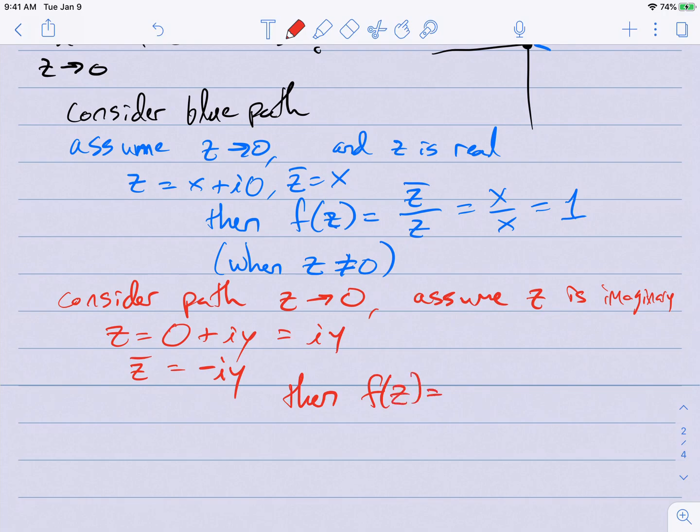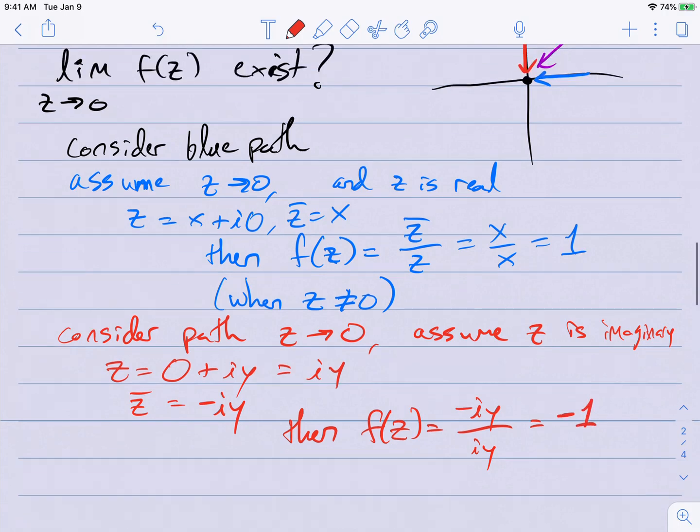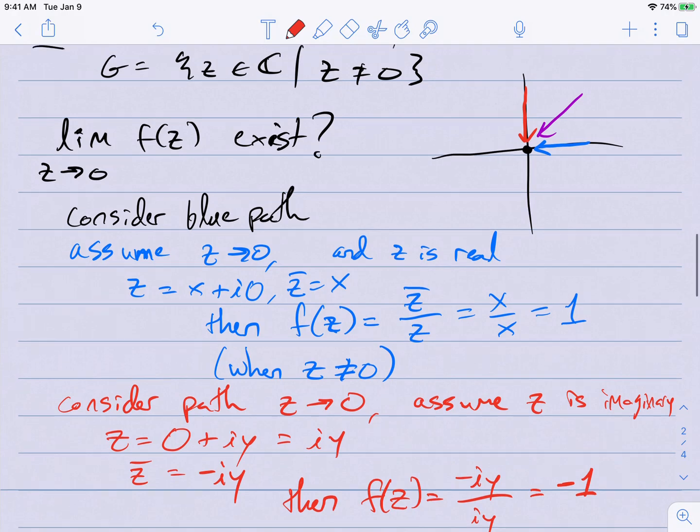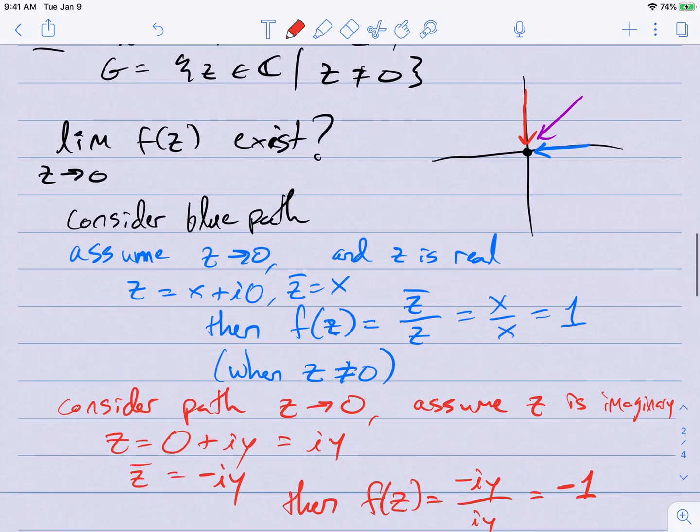So then what do we get? Well, f of z is going to be equal to z bar, negative iy, over z, iy. And again, we're assuming z is non-zero, so y is non-zero in this case. And so this simplifies to minus 1. What this is saying is that the function f has a different potential limit depending on which path I choose.